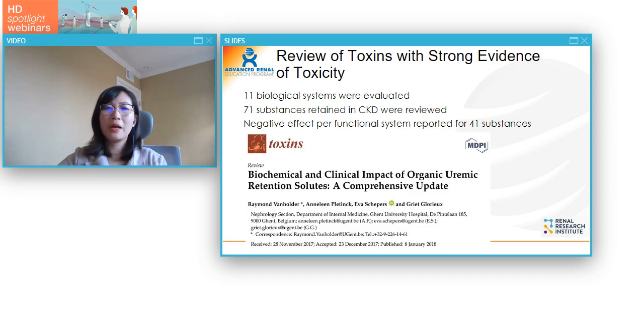And this paper evaluated more than 70 toxins across lots of biological systems, and they developed a scoring system. So this provides a relatively objective way to evaluate the toxins.